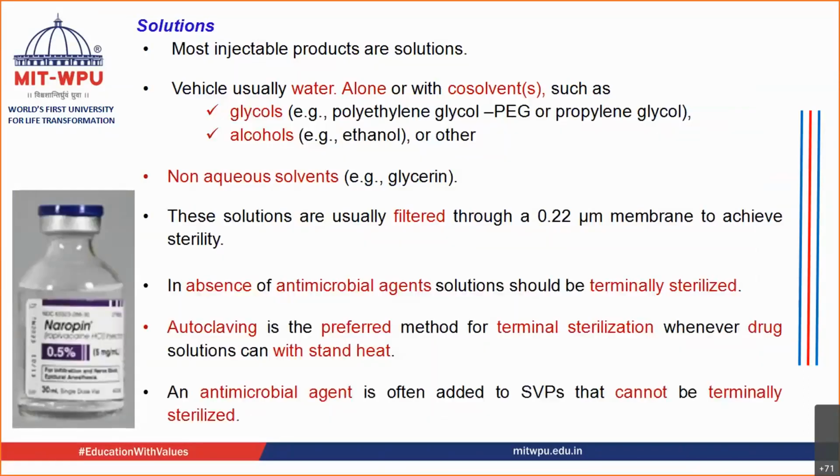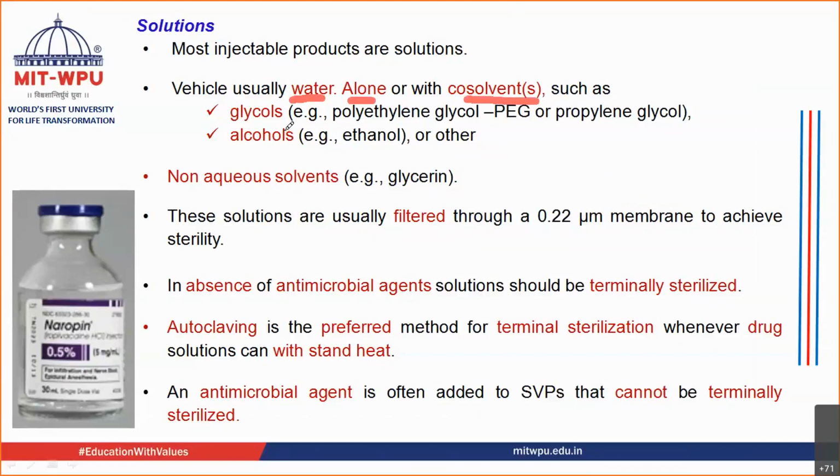Now both of them are basically in the solution form, right? Most of the injectables that are there are basically in the solution form only. The vehicle used is usually water. This vehicle can be used alone, but can be used along with a co-solvent also.